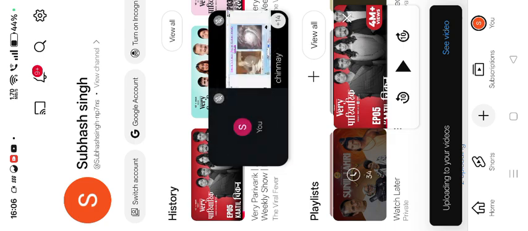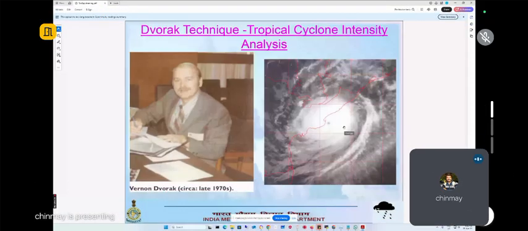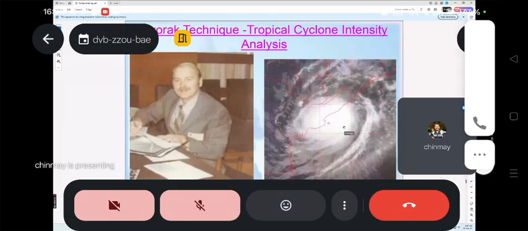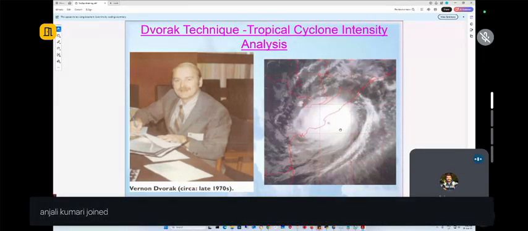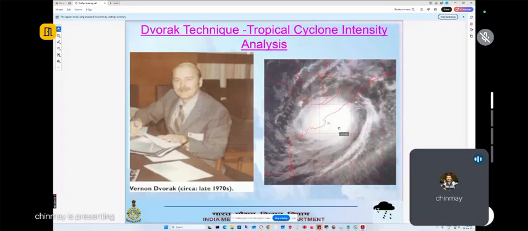actual aircraft observations. So, just for analogy, I'm trying to tell you this. For example, if you fly an aircraft over this particular cyclone, and now you know with aircraft observations that for this cyclone, the maximum wind speed is say 50 knots, for example. It would be much higher for this type of cyclone, let's say 80 knots or 100 or 120 knots.